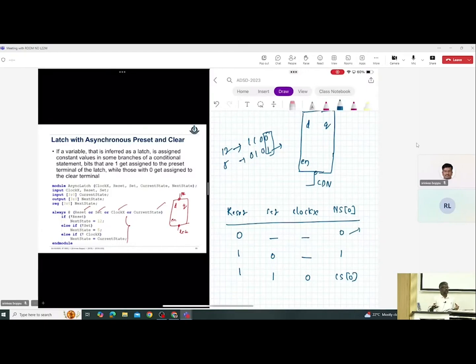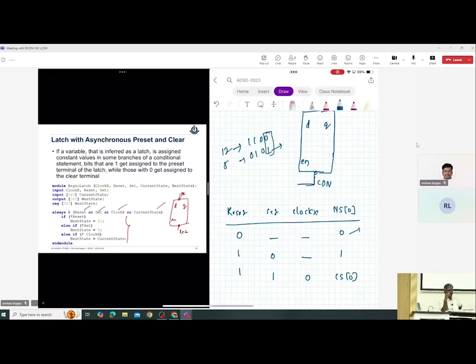So what we need to do is redirect the inputs, the truth table, appropriately to the appropriate pins. Now if I ask you, if I give this CDN input 0, what will happen?